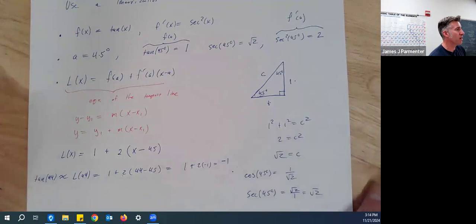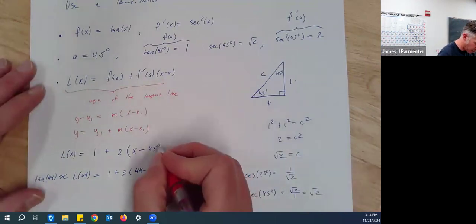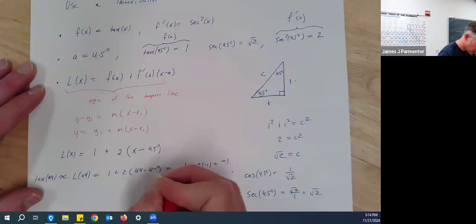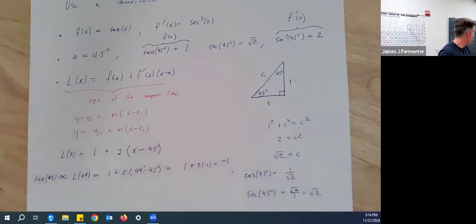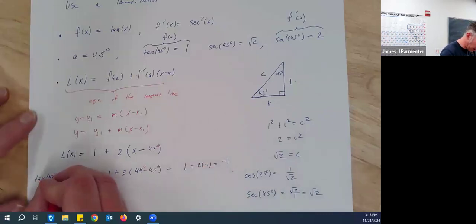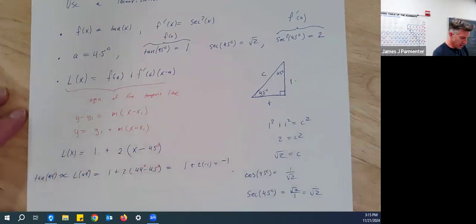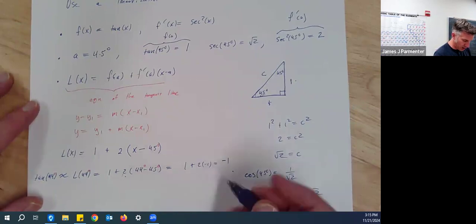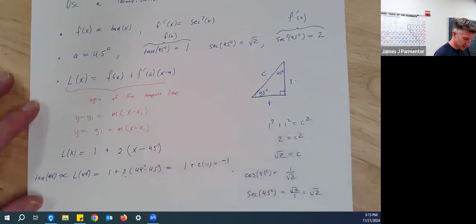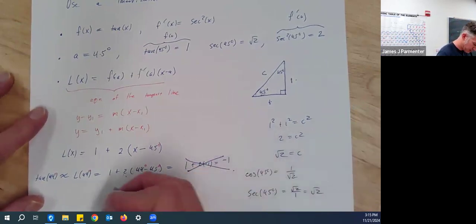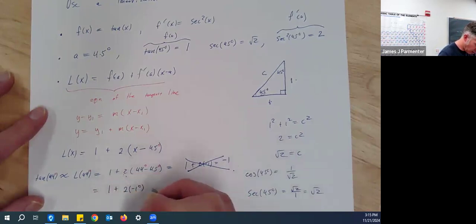And the issue here, and I made an on-purpose mistake, is that we have to be working in degrees here. Those should be degrees. So the tangent of 44 degrees is approximately 1 plus 2 times -1 degrees, or 1 minus 2 degrees.